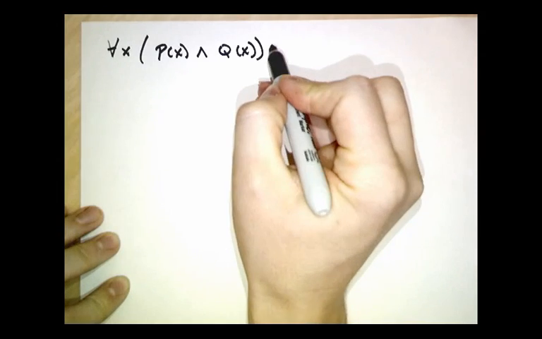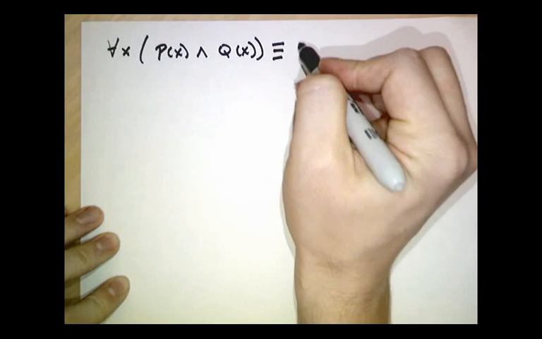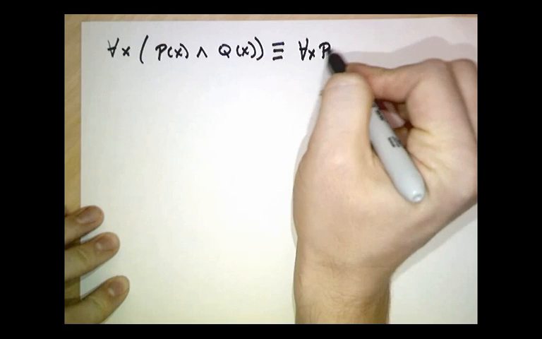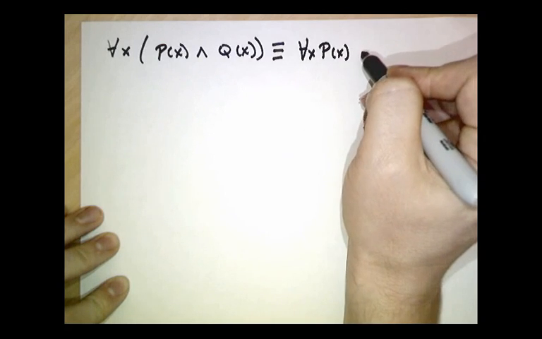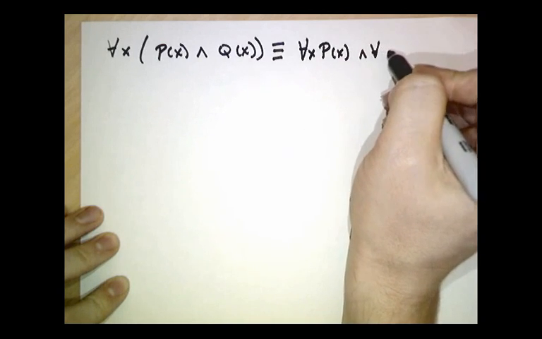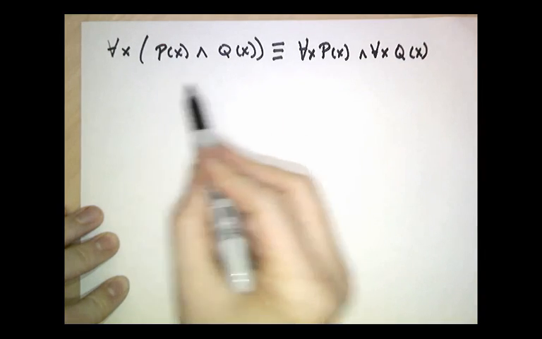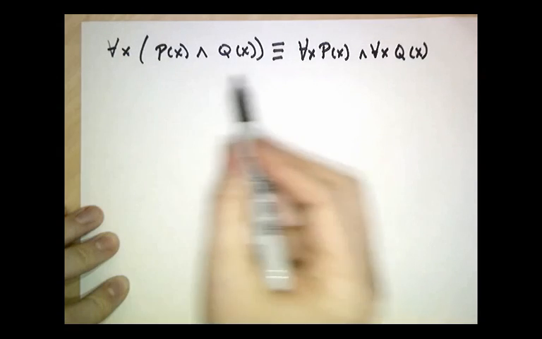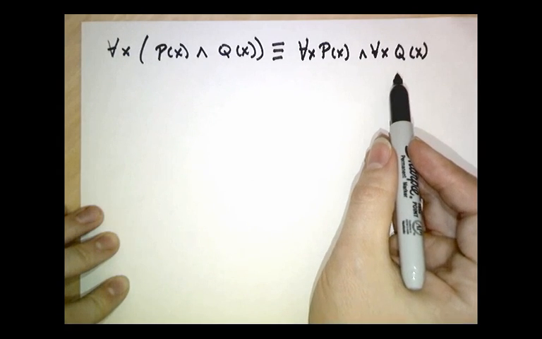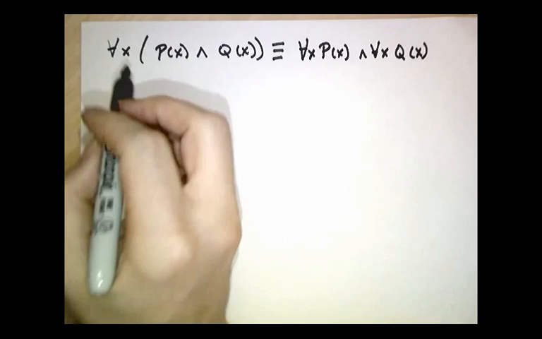It turns out this is logically equivalent to for all x, p of x, and for all x, q of x. You can think about this on your own, or you can ask me in class why this is true. It's also explained in the Rosen book, and I'll be happy to go over it.